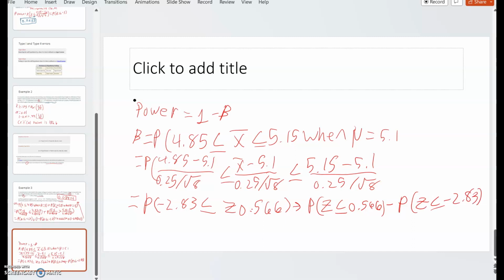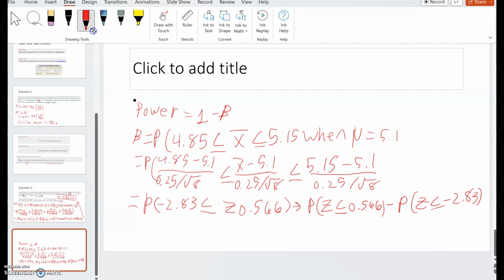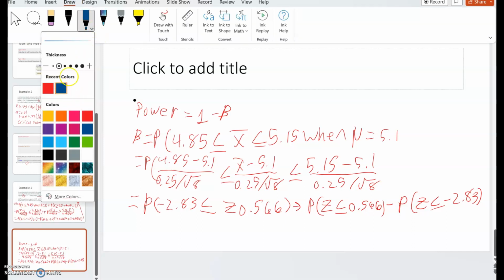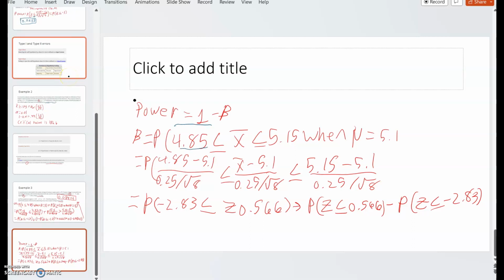The reason I want to do this is because I want to find the area between the two. So I'm going to subtract the greater value from the smaller one. Let me get these probabilities.